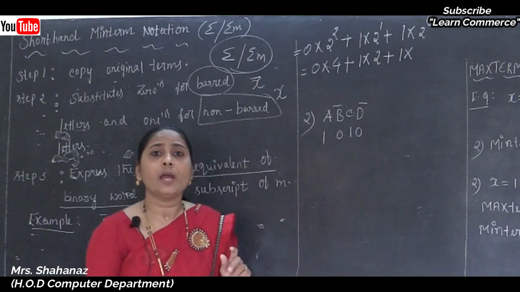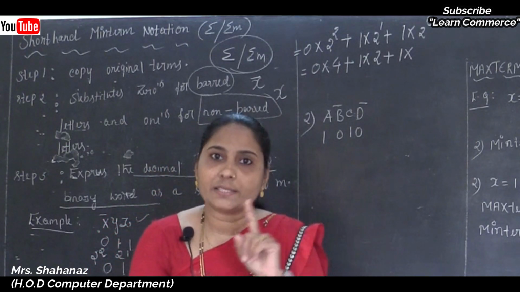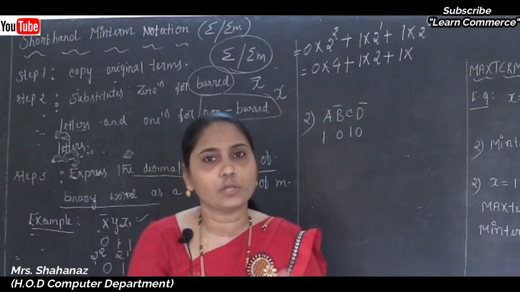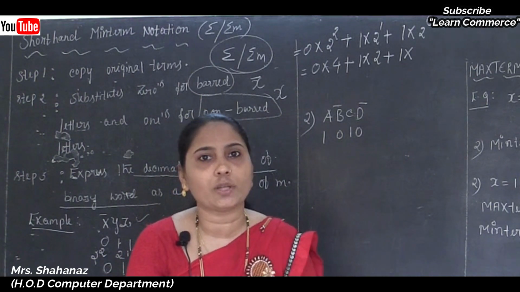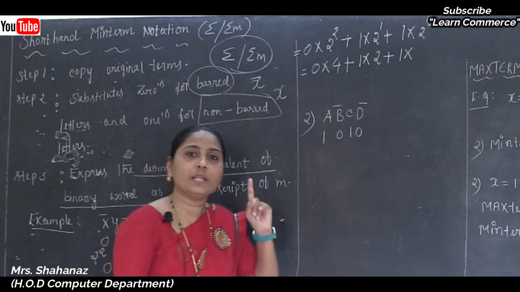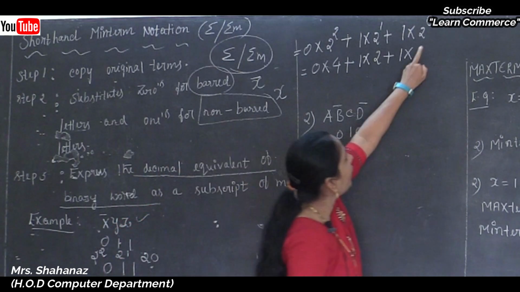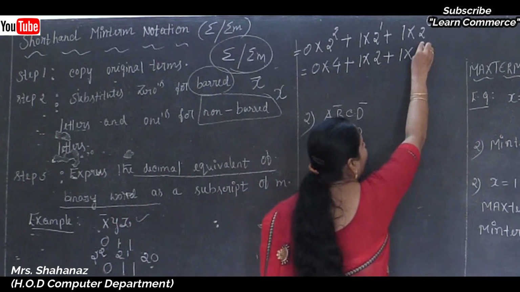Always remember, 2 to the power of 0 is equal to 1, 8 to the power of 0 is equal to 1, 16 to the power of 0 is equal to 1, 10 to the power of 0, the value is 1 only. So 2 to the power of 0, the value is 1 only.